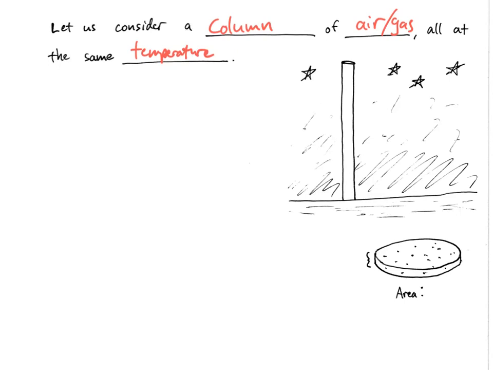This column is full of gas particles. Obviously, it's going to be fairly sparse up there at the top, but then it's going to get denser and denser as we go further down until we get to the bottom where it's quite a bit denser. That's at least what the Boltzmann distribution tells us.